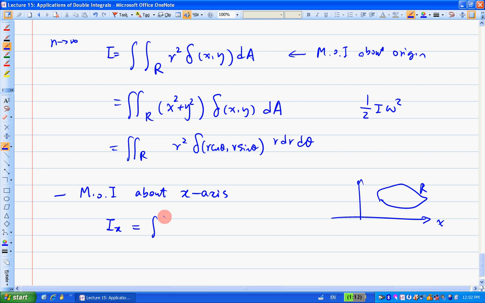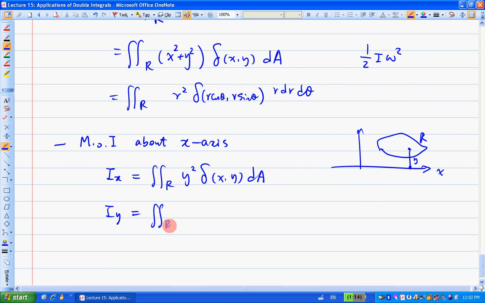That's right, because the distance from any point to that axis is y. So this becomes y squared delta(x, y) dA. And if we're talking about Iy, then it's x squared delta(x, y) dA.